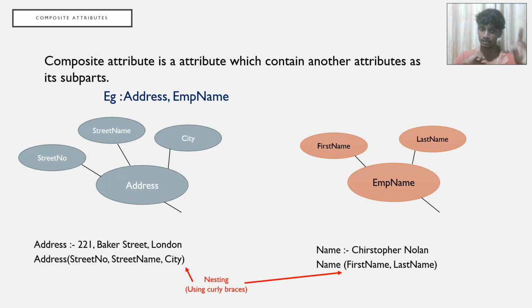Street number, street name and city are themselves atomic attributes, but when we consider them as a collection, they make an address. So address is not itself an atomic attribute, it's a composite attribute which can be divided into subparts. Basically, composite attributes mean a collection of atomic attributes.